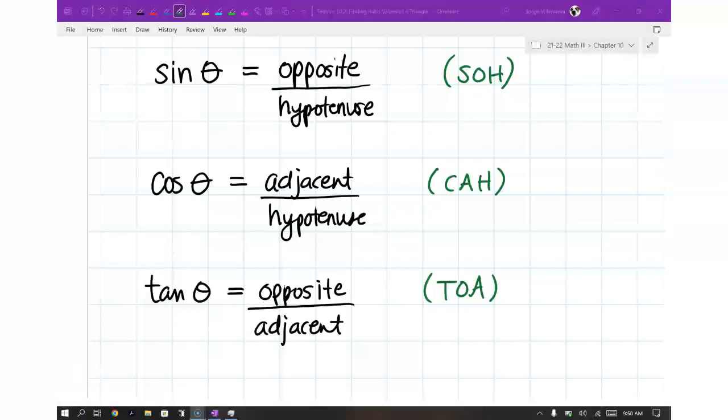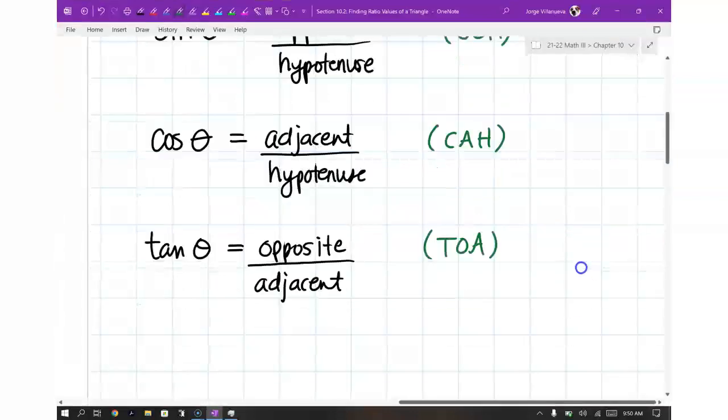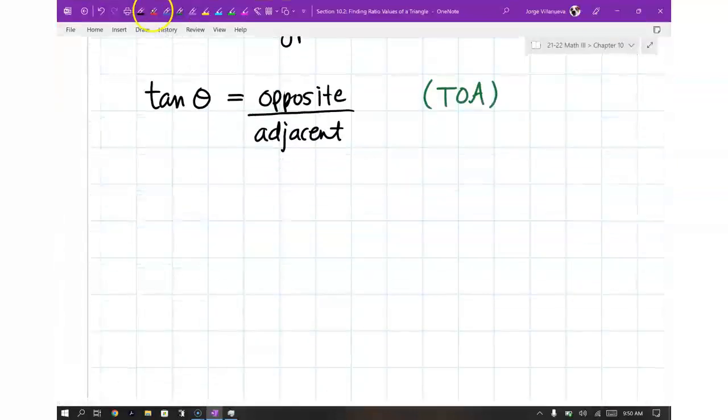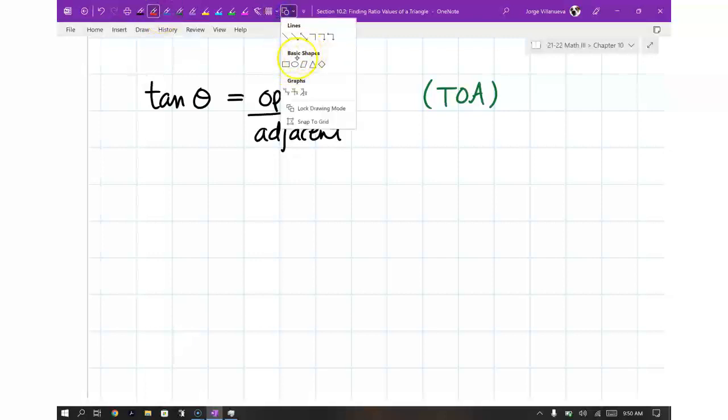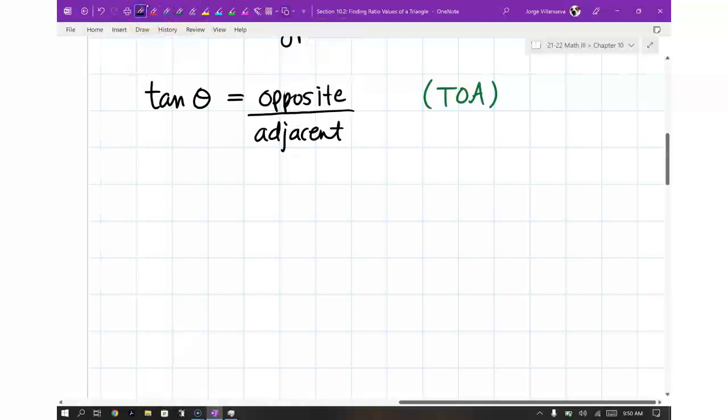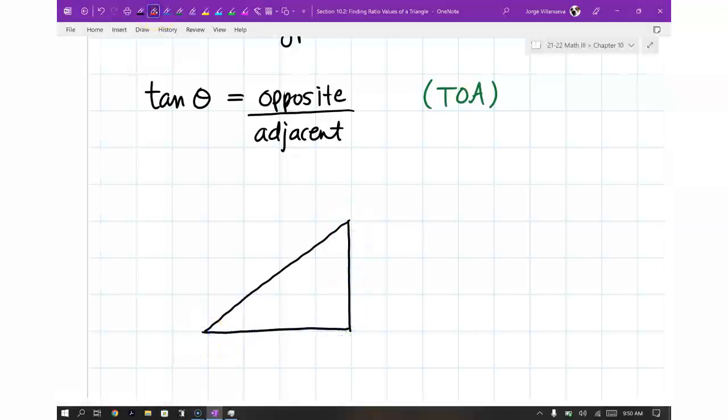Now just to draw you a really quick picture of what adjacent, opposite, and hypotenuse look like, let me do that right here. Remember, we're going to be dealing with right triangles. Right triangles means that there's a 90-degree angle somewhere.